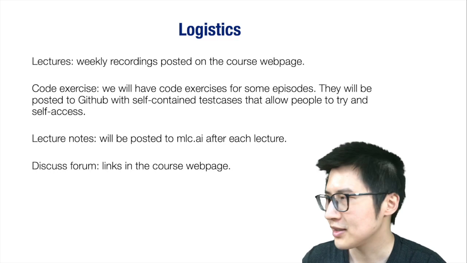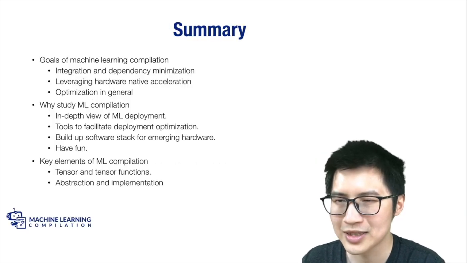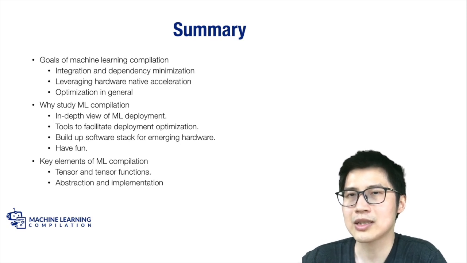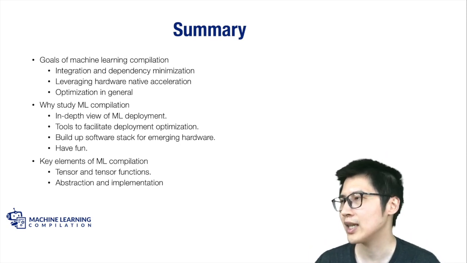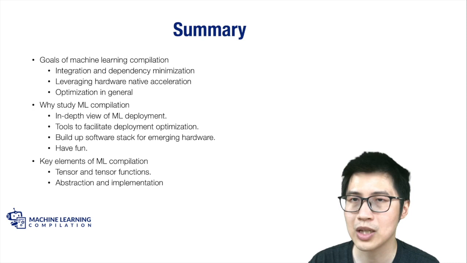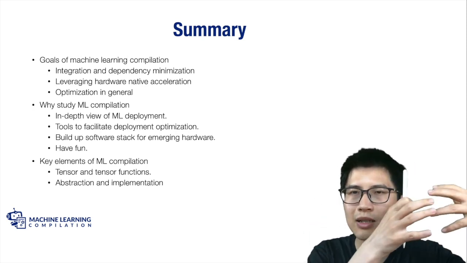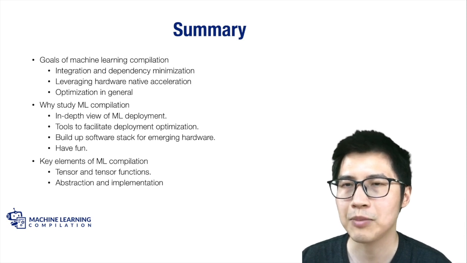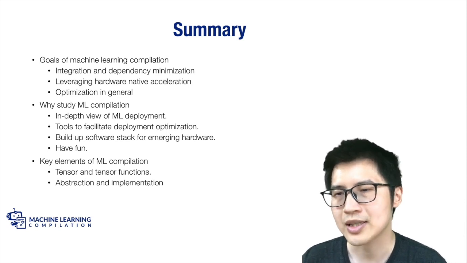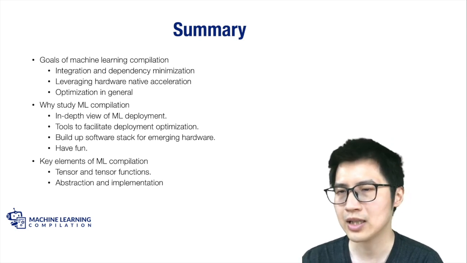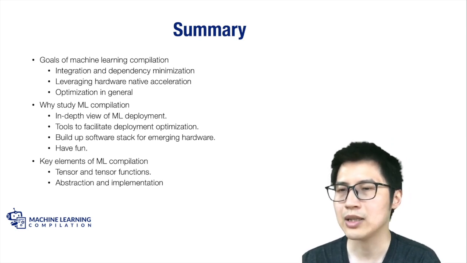Okay, so this is the end of today's episode. To summarize, machine learning compilation is a process that helps us take machine learning executions in their development form and bring them onto an efficient and compact deployment form. There are several goals, such as integration, dependency minimization, leveraging native acceleration, and optimization in general.